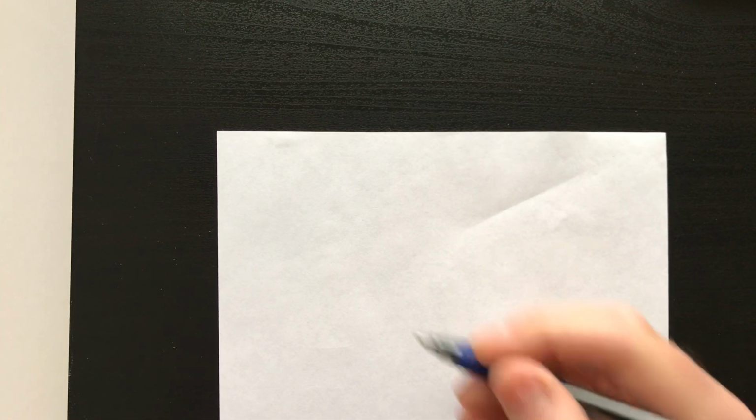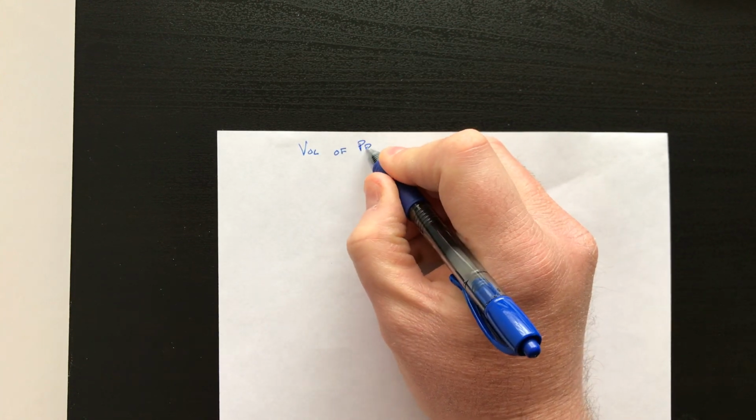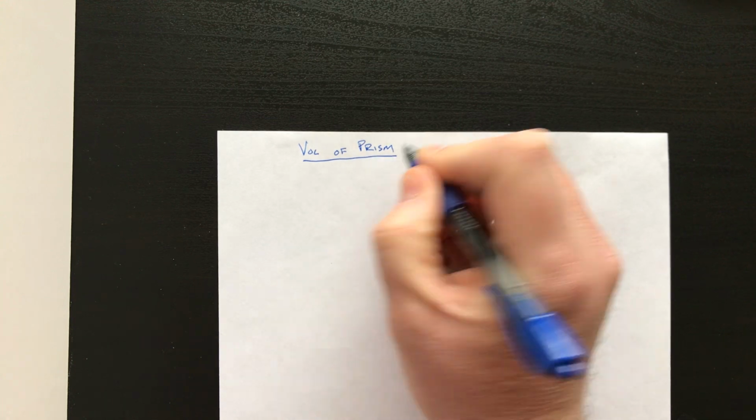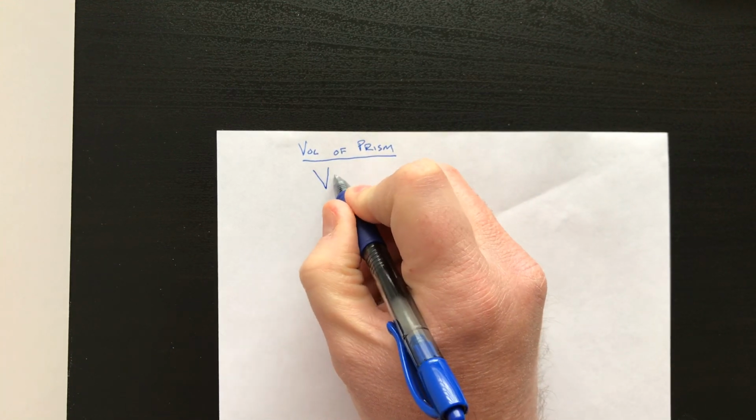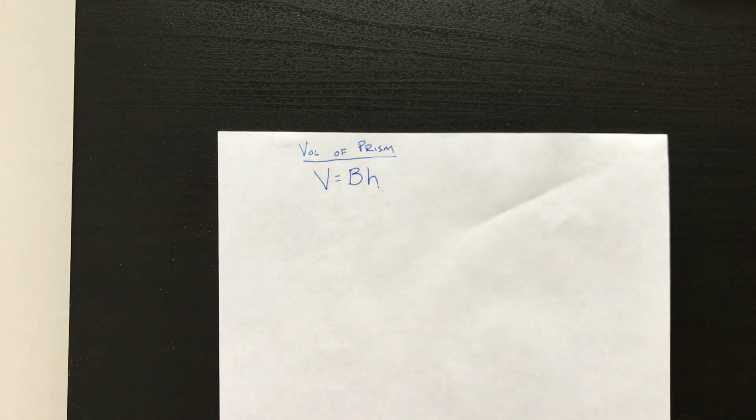Welcome back. We are starting today with volumes of prisms and cylinders. Now, I always say volume is going to be easier than surface area. This section is actually pretty easy. The volume of a prism is just whatever the area of your base is times the height.